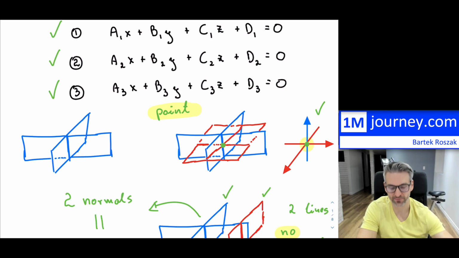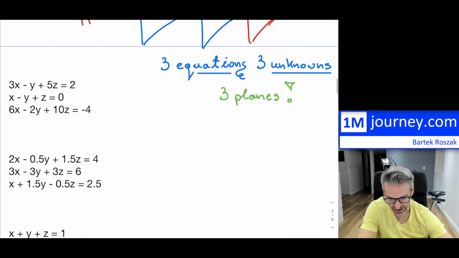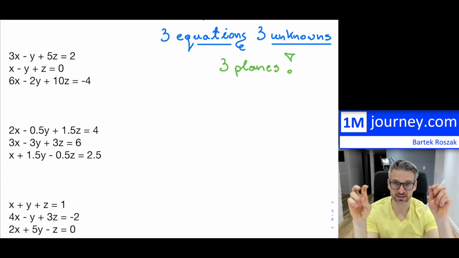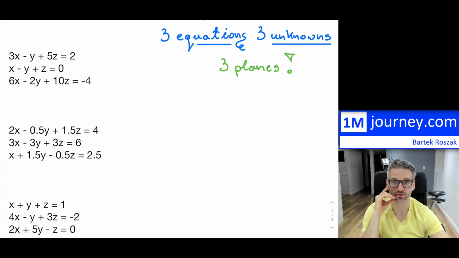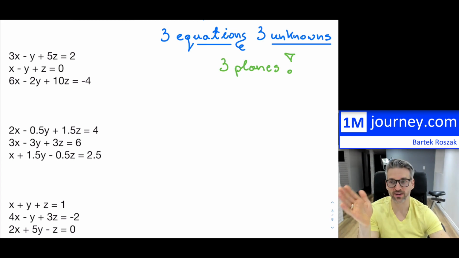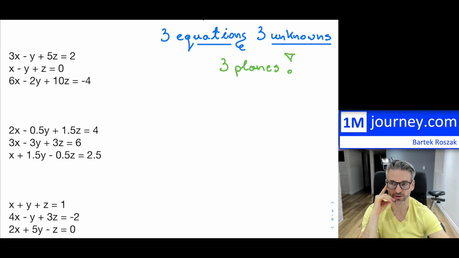In this video, my interest is going to be by examples. So if someone actually gives you three planes, which we typically will write as a system of linear equations, you're going to be lining up your x's, your y's, and your z's, and typically the d will get shifted over to the right-hand side, as you see here.